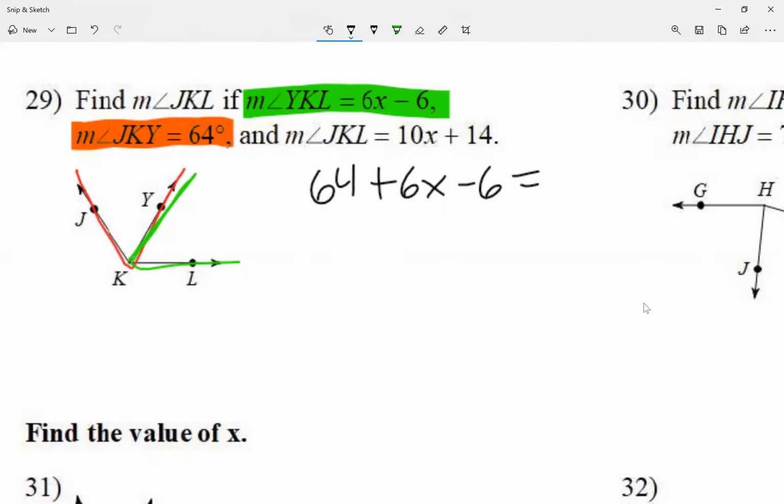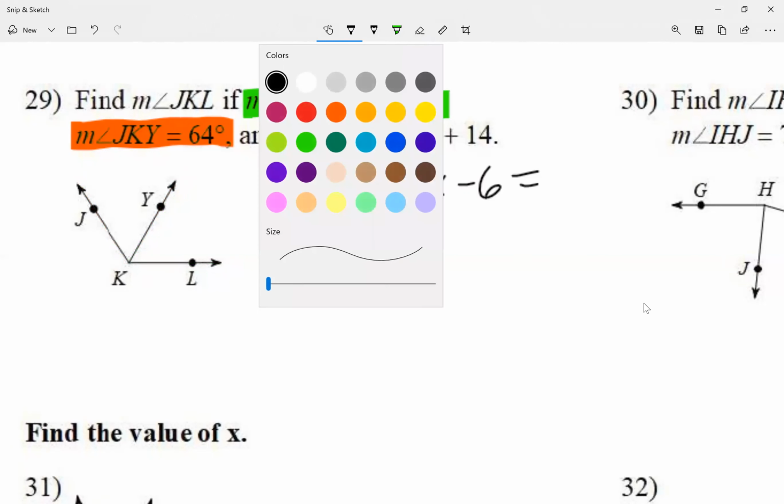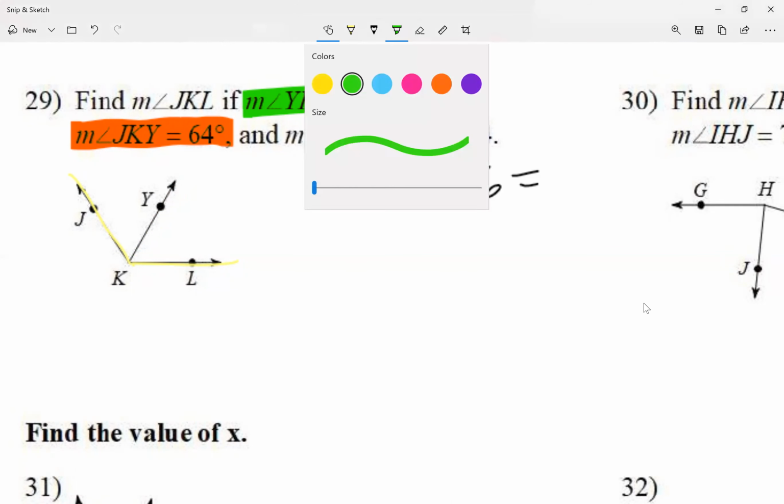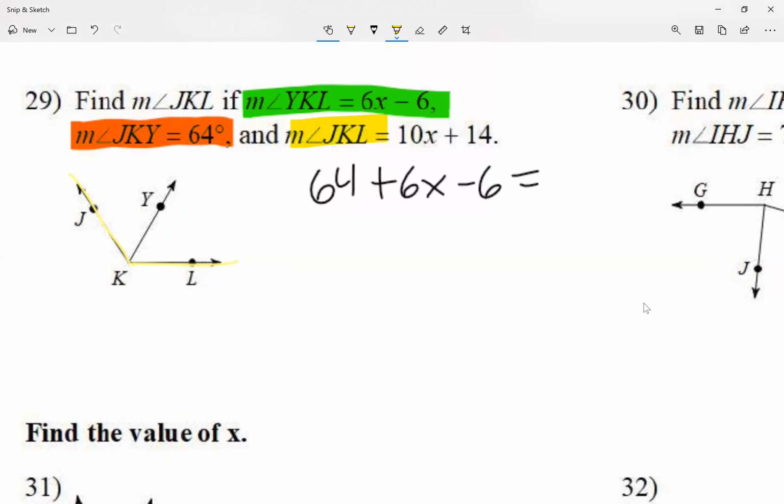I'm adding the two small angles. Then the big angle, it's there, I painted in yellow, is the JKL angle. And I know the measurement of JKL is 10x plus 14. So I'm going to let this equal to 10x plus 14.